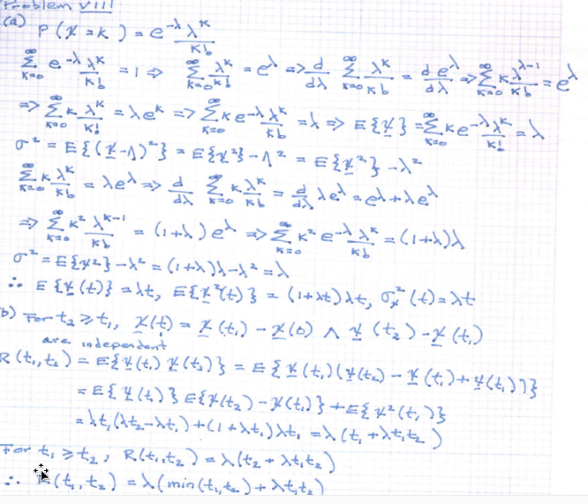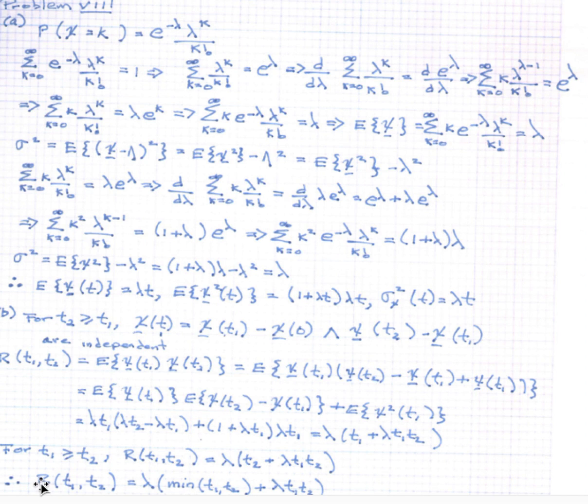And for t1 greater than t2, the correlation of t1, t2 is equal to lambda t2 plus lambda squared t1 t2, which in effect we have substituted and provided an additional function.